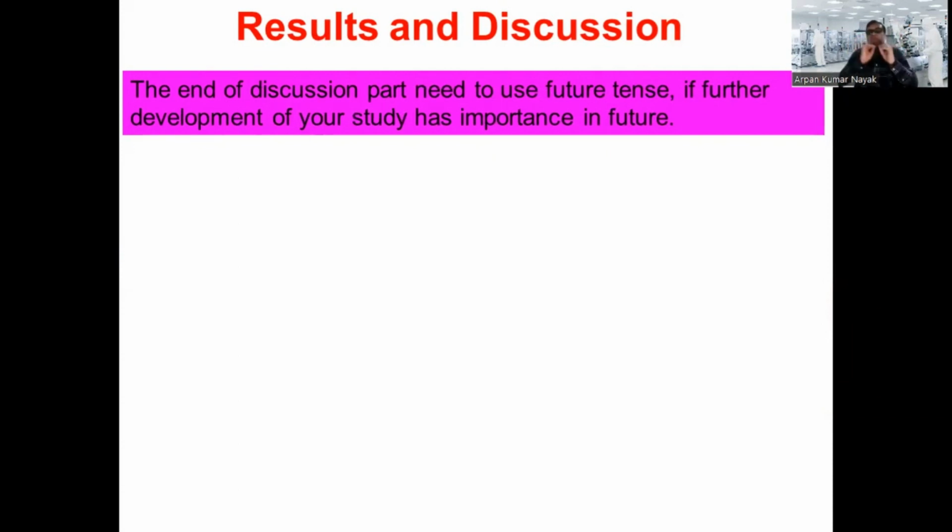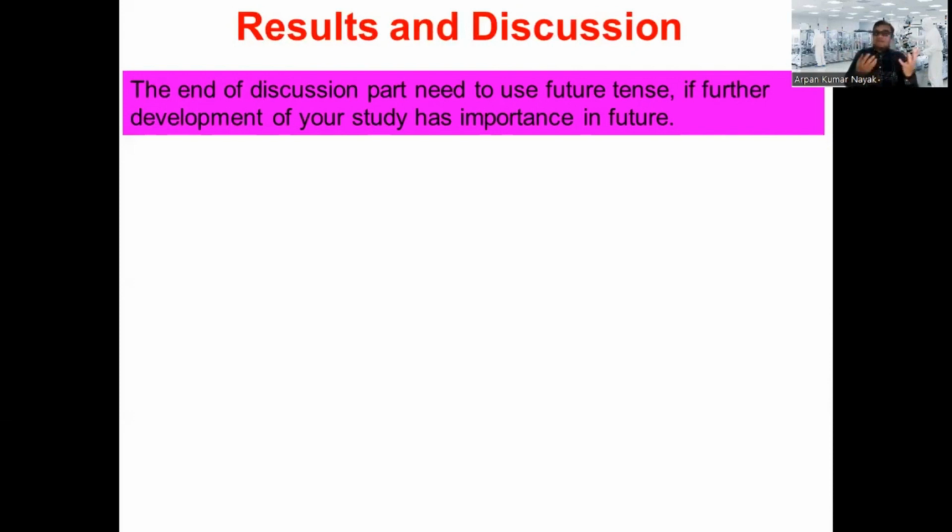Each figure you have to clearly explain in these sections, and at the end of this results and discussion section, if your work can be used for further future applications or for future study, or your material or your work has an importance in the future, then when you write the end sentence, you should use future tense.